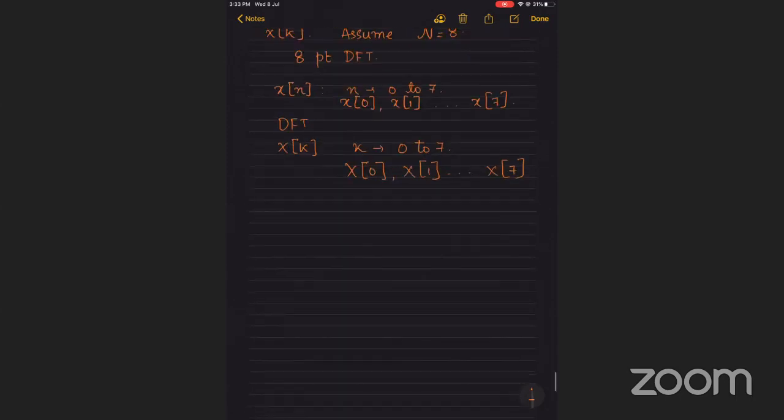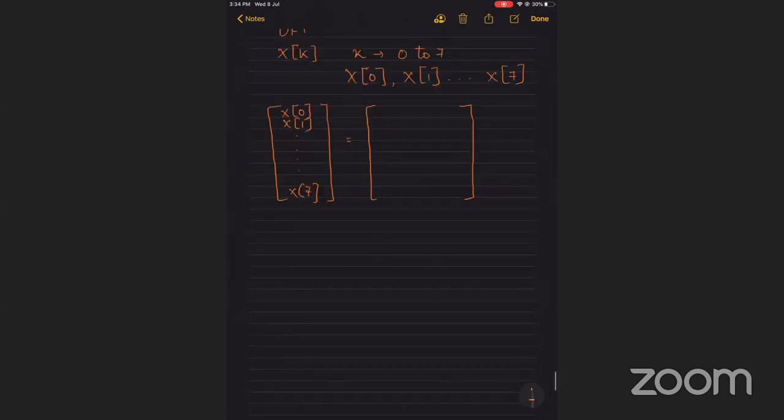Now I want to compute this. How do I compute this? That is where the problem comes. So let me put it in matrix form. I can put this as X of 0, X of 1, till X of 7. This is my DFT vector, a column vector. This is equal to, since n and k are going to be the same number, an N cross N matrix multiplied with x of 0, the small x of 0.